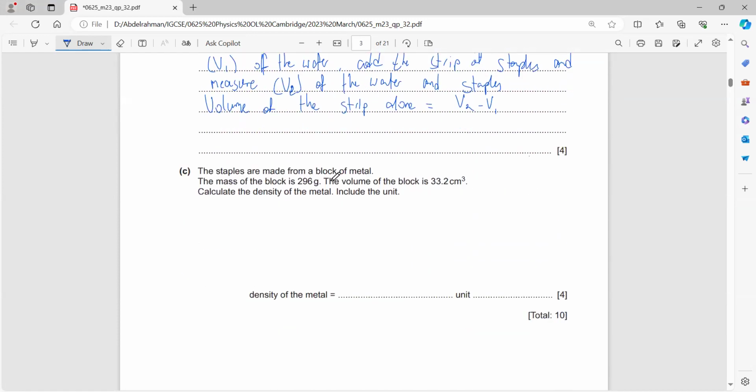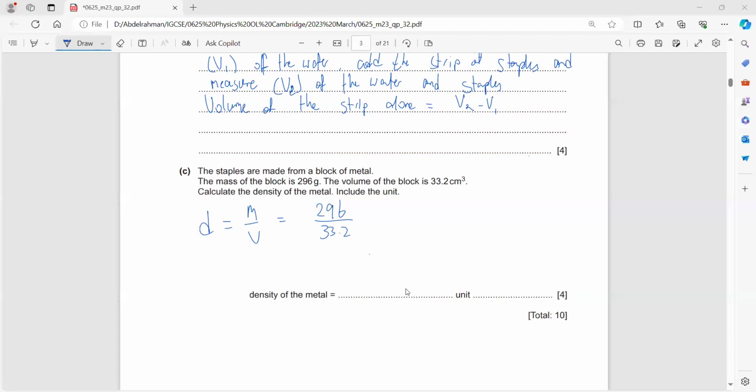Okay. Next question. Find the density of the metal. Density equals mass over volume. Yes, we have the mass, 296. We have the volume, 33.2. So the density will be, I can calculate the density now.